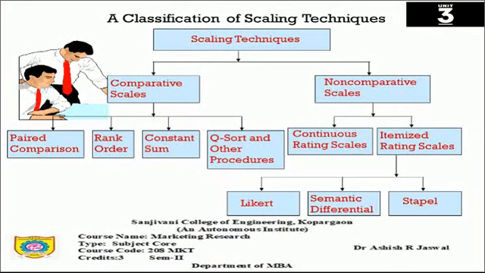If you look at the diagram, below comparative scale, it is further classified into paired comparison, rank order, constant sum, Q-sort and other procedures. In case of non-comparative scaling, it is categorized into continuous scaling and itemized rating scales. Itemized rating scales are further categorized into Likert, Semantic Differential, and Stapel.